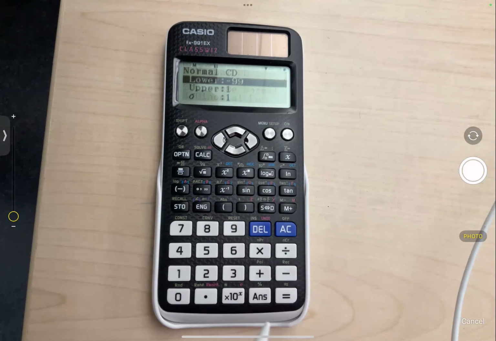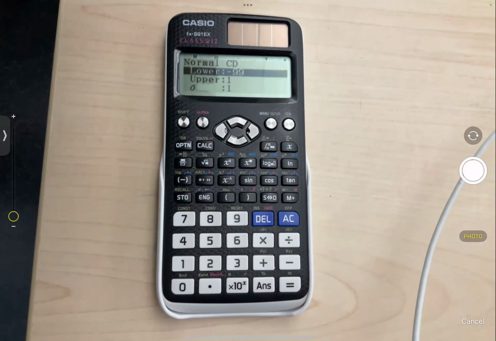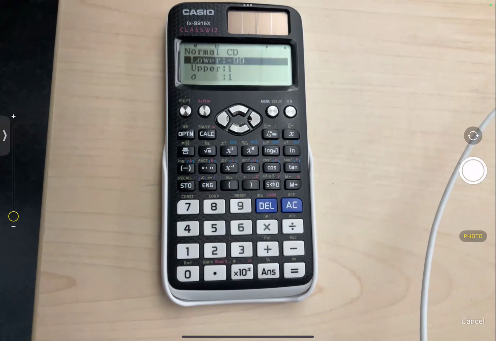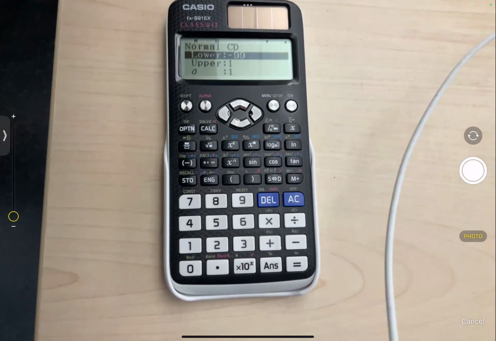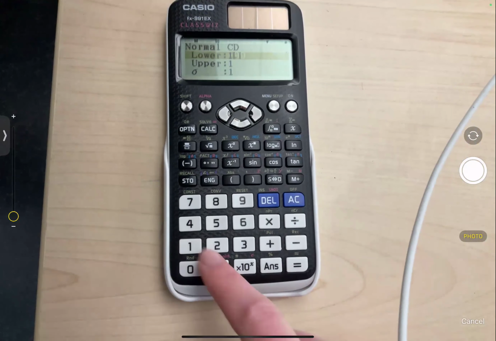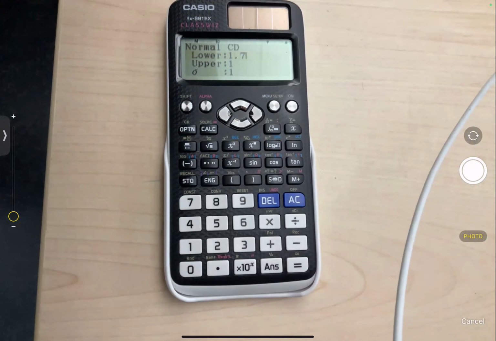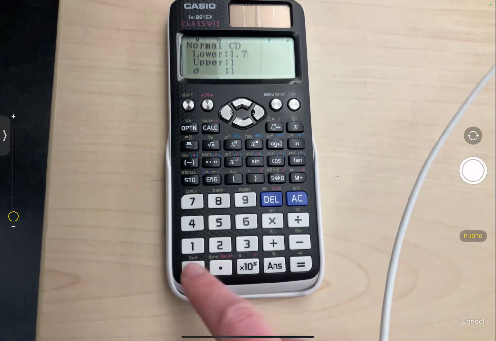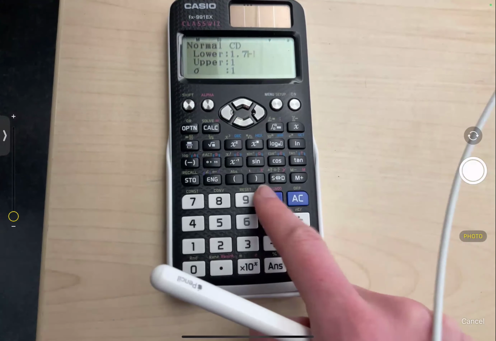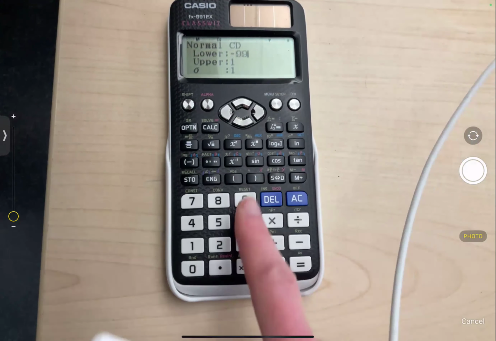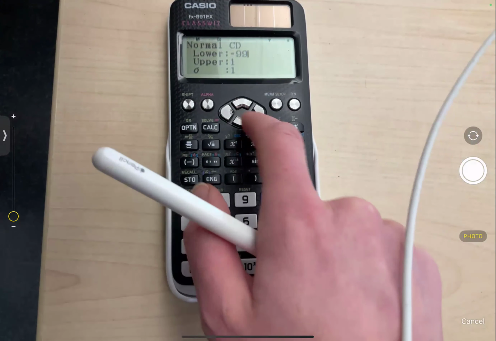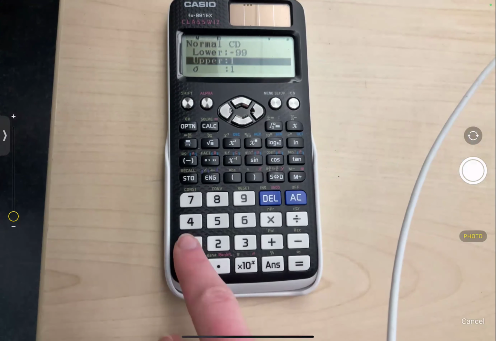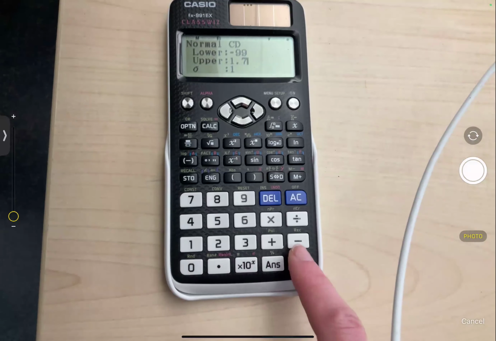So if I do my normal CD, it wants my lower value. And what we could do is we could set the lower value to be 1.7. Oh no, because it gives the area to the left anyways. So let's just make it, oops, sorry, negative 99. And then enter. And then the upper, I'm gonna make it 1.7.